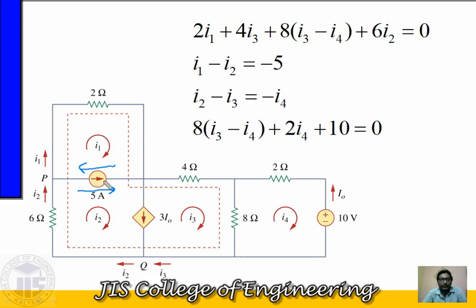So in the left to right direction the current is I2, and the right to left current is I1. If we subtract, we get the left to right current, as per the direction of this current source, that is 5 ampere. So I2 minus I1 is equal to 5, or you can write I1 minus I2 is equal to minus 5, both are the same thing.